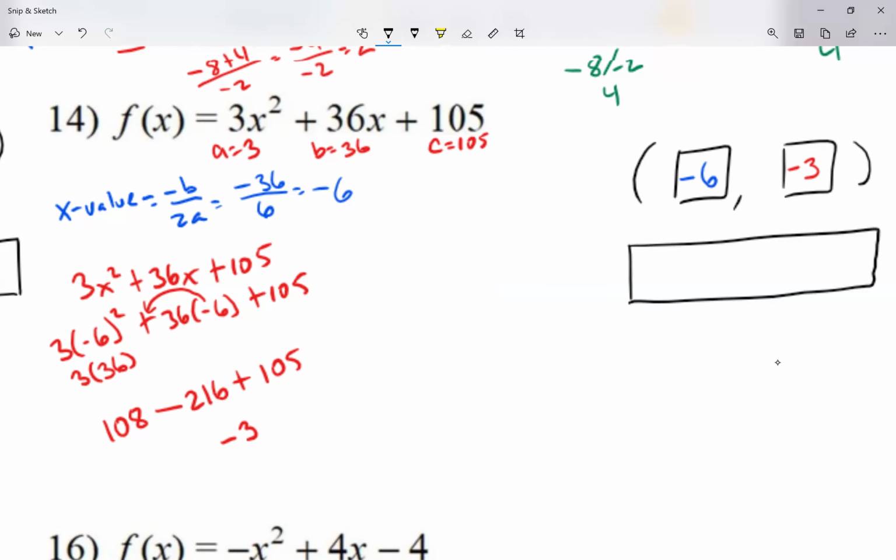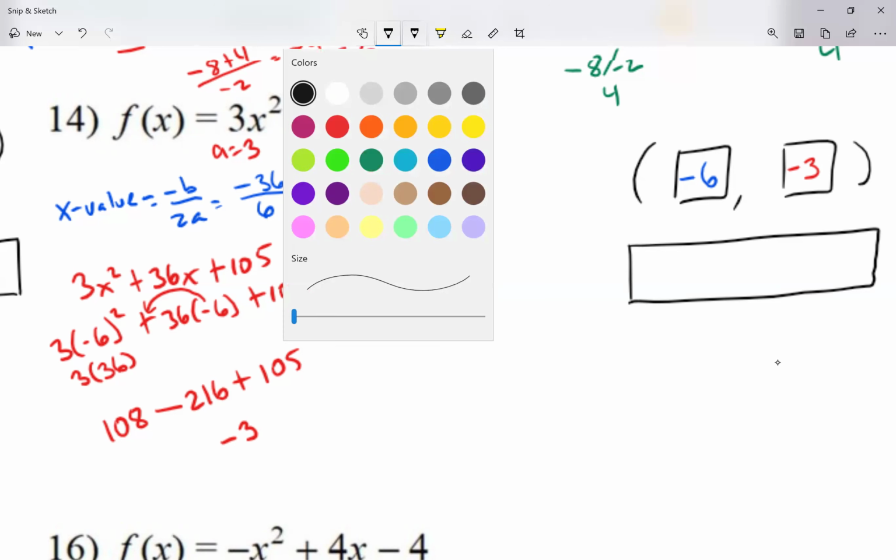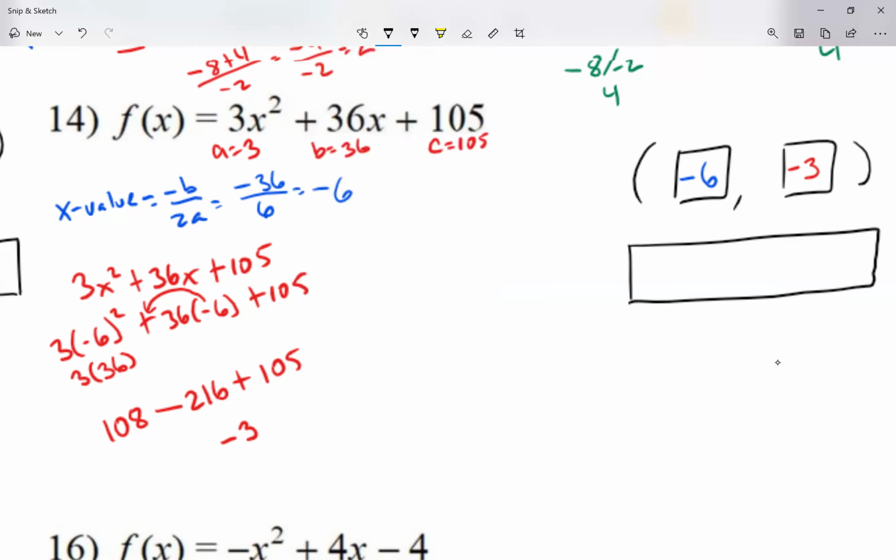Now, I see that there's a big box because I have to identify my x-intercepts. And there's going to be two of them. Okay, so let's take a look. Remember the quadratic formula. X is equal to negative b plus or minus the square root of b squared minus 4 times a times c, and all of this divided by 2a.